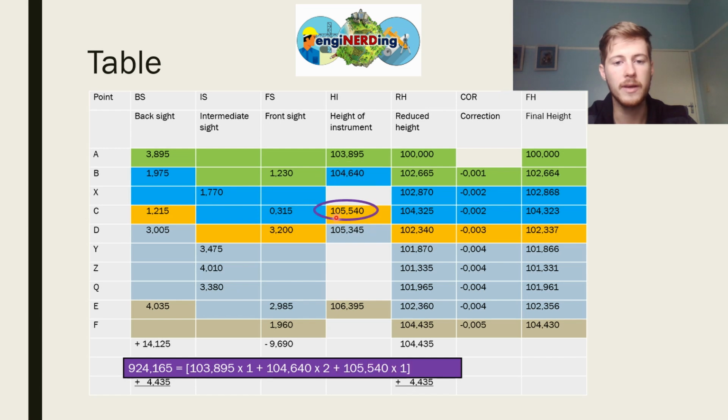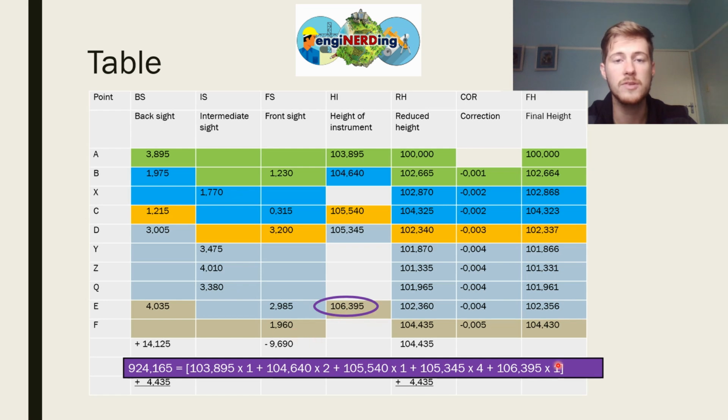For the third one, we again have only one foresight, so we say 105 times 1 to get the next value. Then we add 105.345 times 4 values, because there are 3 intermediate sights and 1 foresight. And the last one we have again the height of instrument times 1, because there's only one foresight.